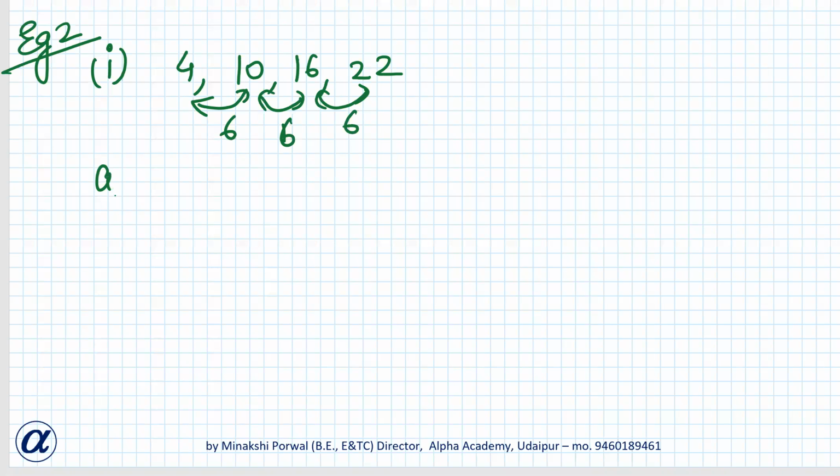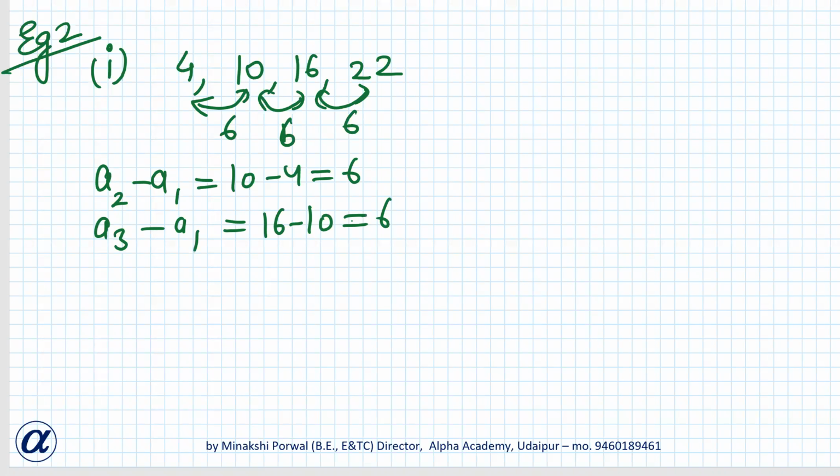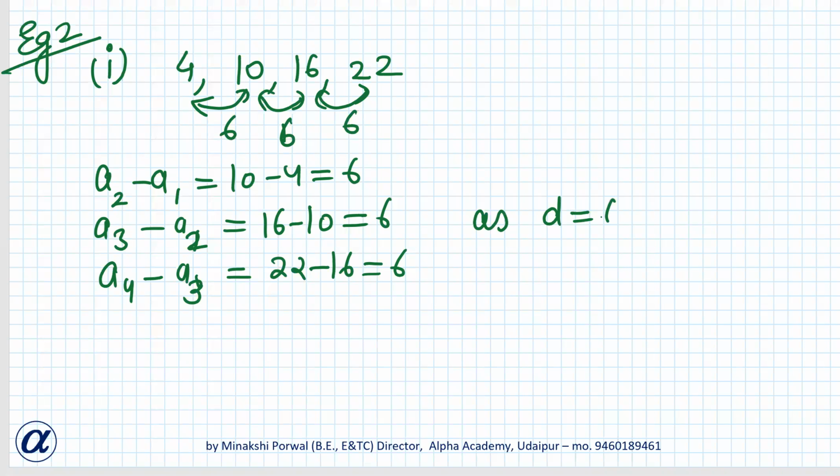So we'll write it this way: a2 minus a1 equals 10 minus 4 equals 6. a3 minus a2 equals 16 minus 10, that is equal to 6. And a4 minus a3 equals 22 minus 16, that is also equal to 6. So as d equals 6 everywhere, the list of numbers is an AP.